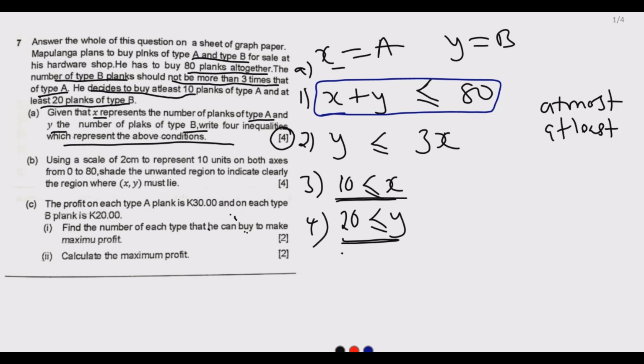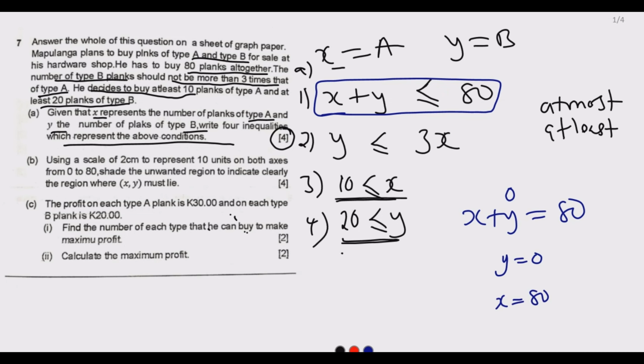Then, when we come now to this one, okay? So what this one tells us, the starting point is where x plus y is equal to 80. This is the maximum point, at least the equal part. So what it tells us, when y is equal to 0, we put 0 here, x automatically becomes 80, because it will be x plus 0 is equal to 80.